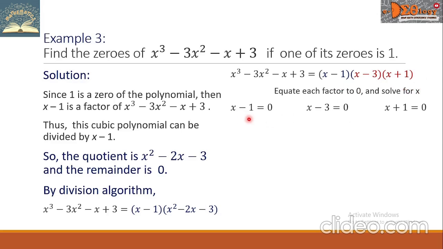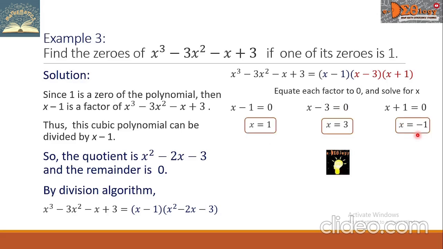So we have this x minus 1 equals 0, which is the given, x minus 3 equals 0 coming from here, and the x plus 1 equals 0. When we solve for the x, we have x equals 1, here x equals 3, here x equals negative 1. These are the zeros of our polynomial.